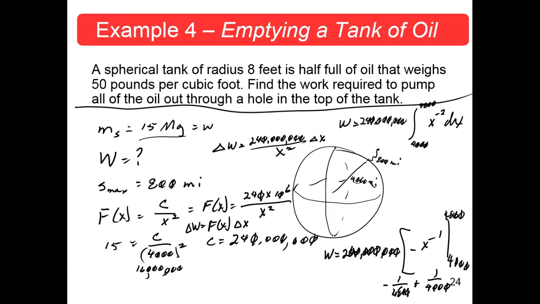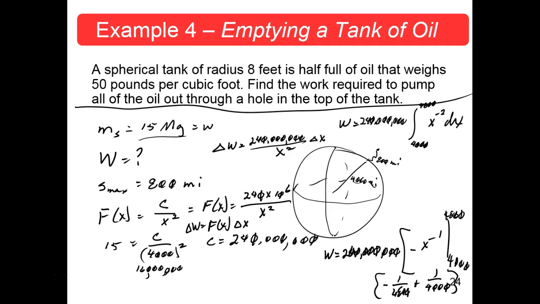The minus sign here, minus and minus, would be a plus 1 over this. You can do it by fractions, but if you have a calculator, just do this calculation: 1 over 4,000 minus 1 over 4,800. Not a super hard calculation, right? And then multiply that by 240 million and see what you get.